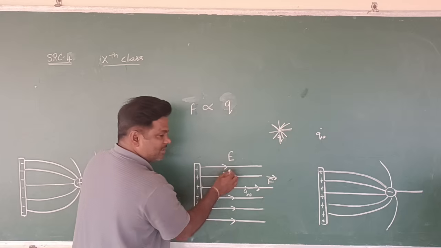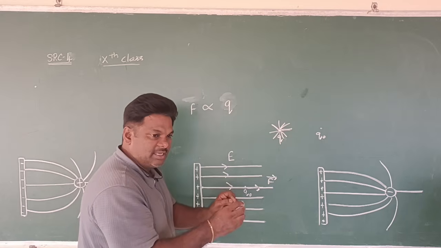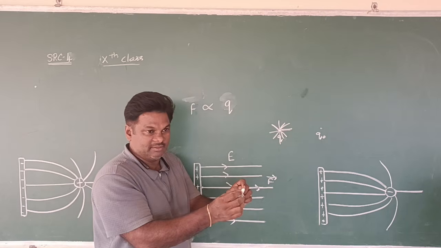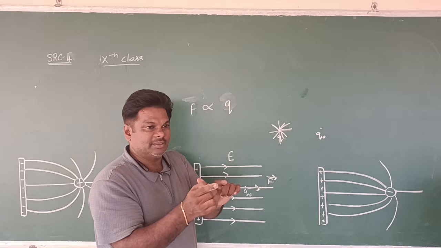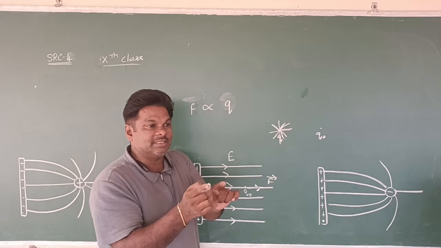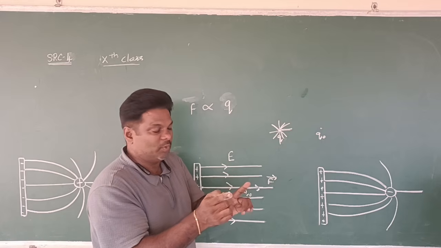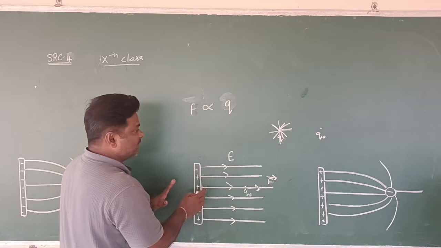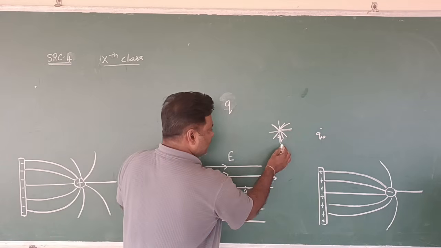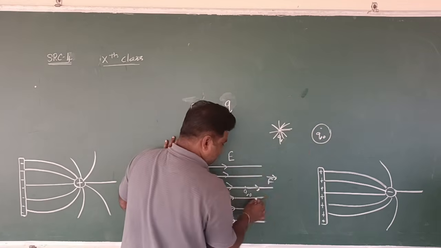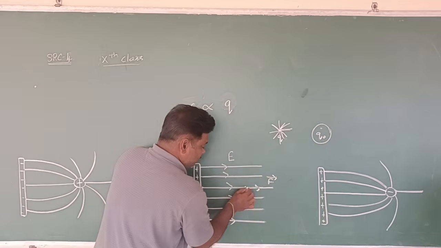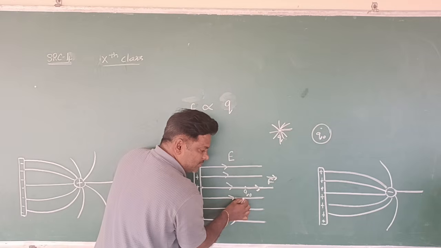Electric field. Electric field intensity or electric field strength is constant. That constant plays the main role. What is that constant? Electric field intensity. And what are you observing? The force experienced by Q0.